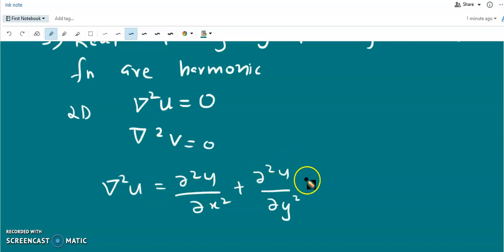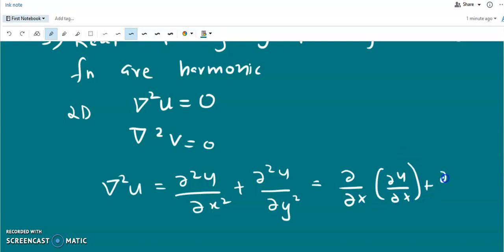For this we can write this as dou by dou x of dou u by dou x plus dou by dou y of dou u by dou y. So now we have to apply Cauchy-Riemann conditions for the functions in the parentheses.